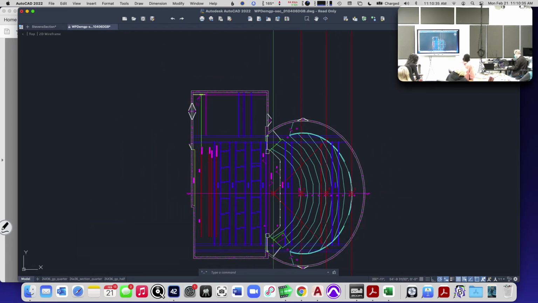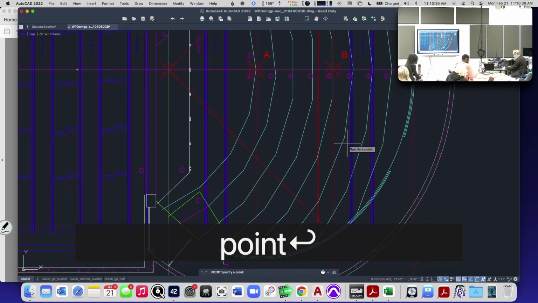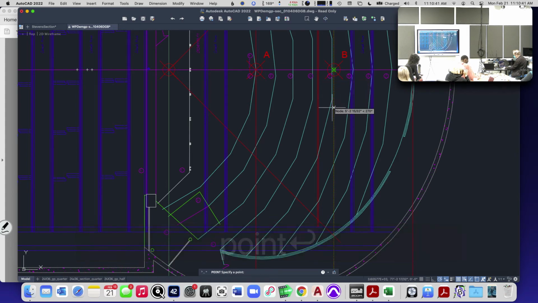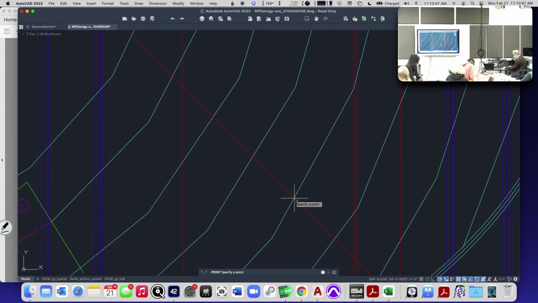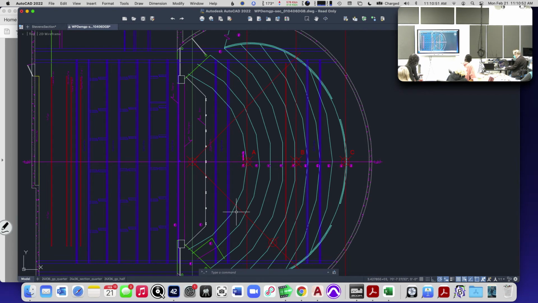All right. So now we can put some new points in. We want to stick with these rows that we're already using. So we're going to have something here. If I just go off of that middle row, it would be there.